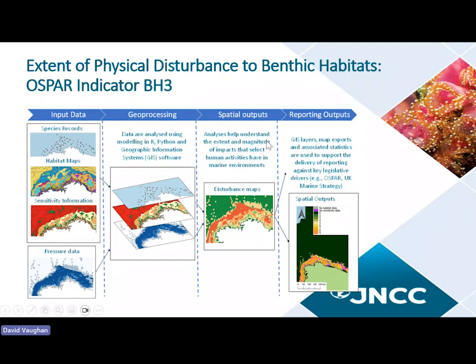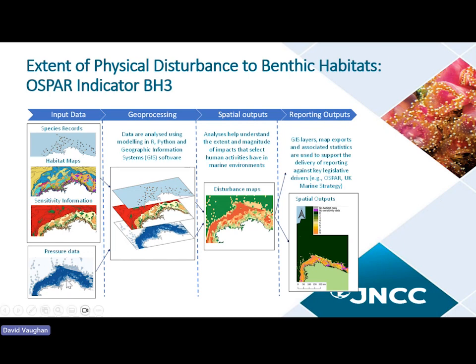The general process followed is that the input data includes species records, habitat maps, and sensitivity information linked to those habitat maps. It's relatively straightforward: once you know what the habitats are, as long as you have a sensitivity measure, like those tables you just saw, those are applied directly, with no further modelling.